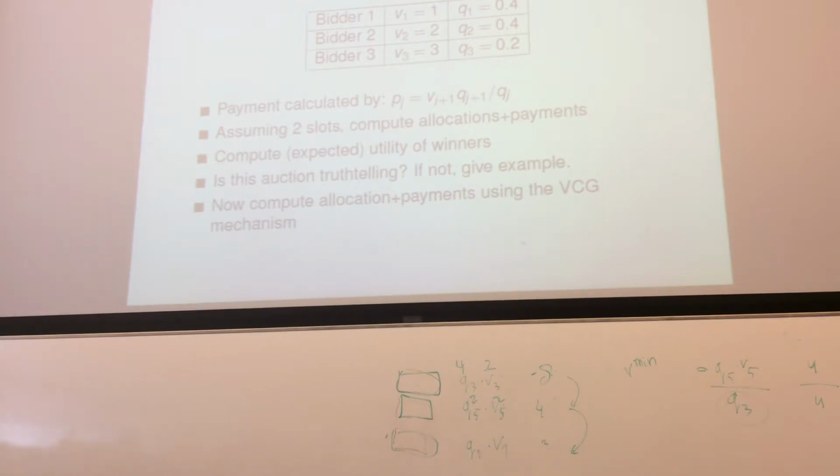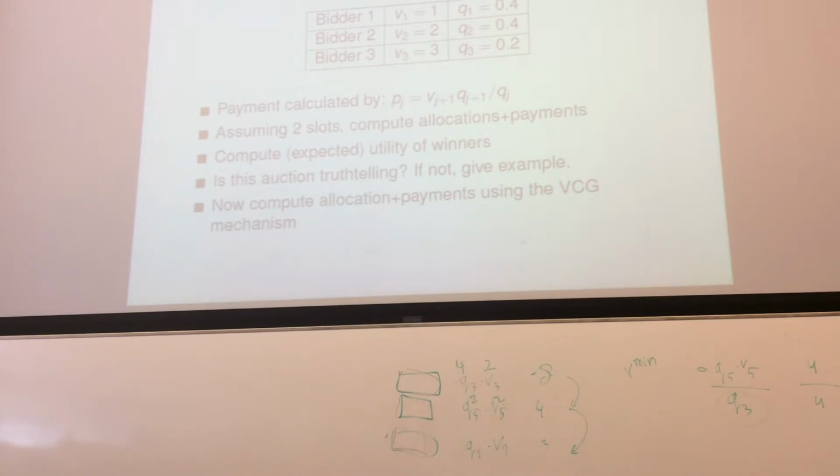So it's not equal. Oh sorry, I did it wrong. Because here you see 0.8 divided by the quality of B2, which is 0.4. It's about bidder 2, right? The first one is 1. This is the allocation we calculated.